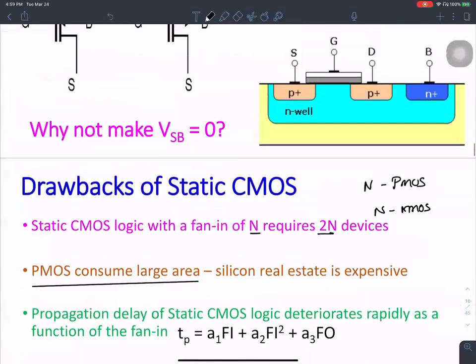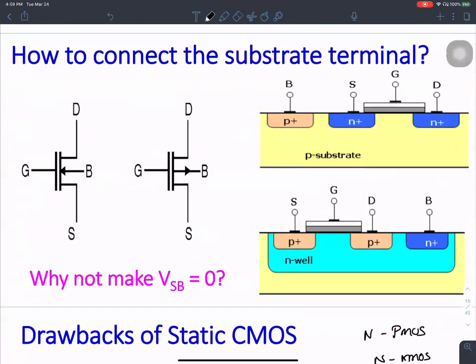So if you go back and look at the layout of PMOS, here is a PMOS transistor, here is an NMOS transistor. PMOS transistors consume a lot of silicon real estate for two reasons. The first reason is that each PMOS is sitting in its own well. For that reason, PMOS transistors have a large area.